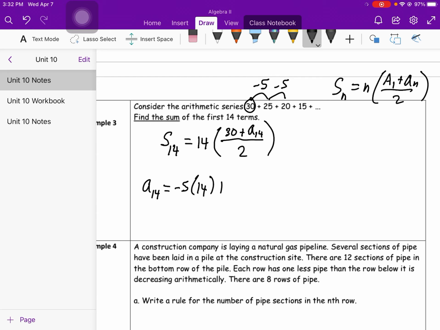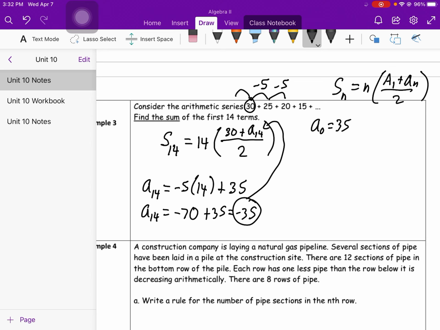The n value is 14. And if we go backwards 5, we would actually add 5 to 30, which would be 35. So a of 0 would be 35. And we just solve this. Negative 5 times 14 is negative 70. Plus 35, which equals negative 35.